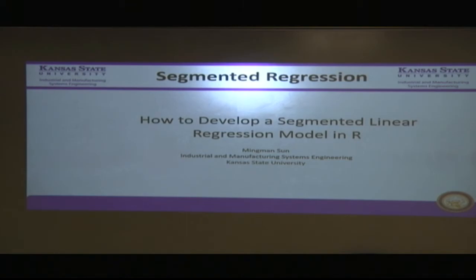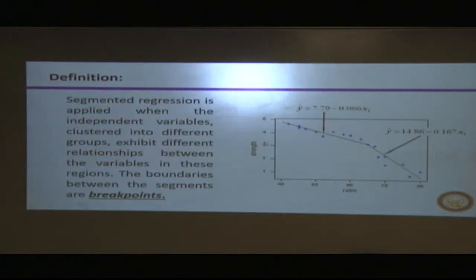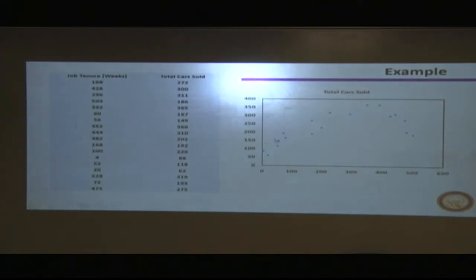So I guess that's all. I want to go through the PowerPoint to see if I missed something. Yeah, so for this scatter plot, you might think that this one looks like a quadratic model, right?